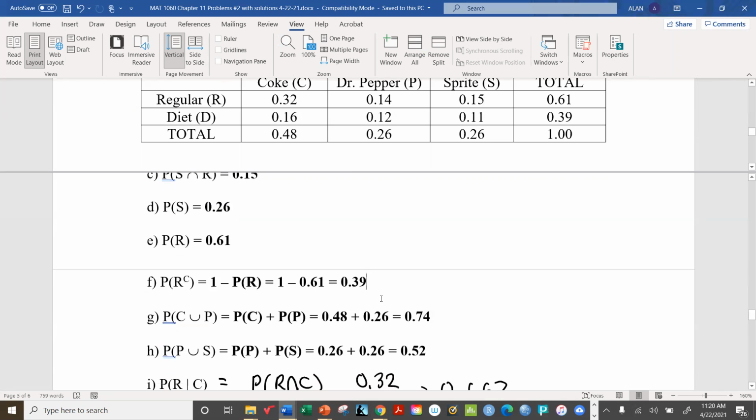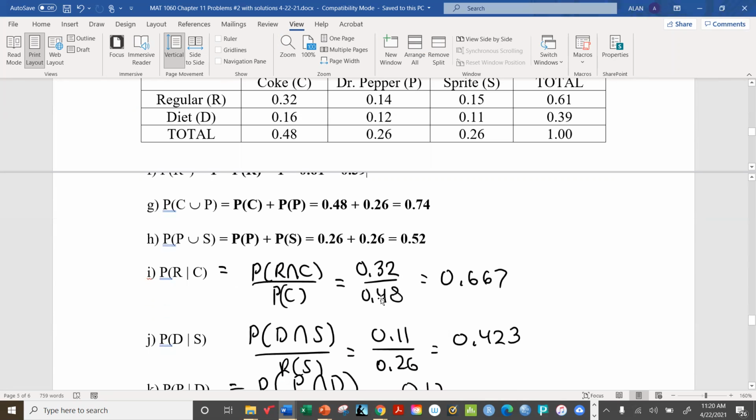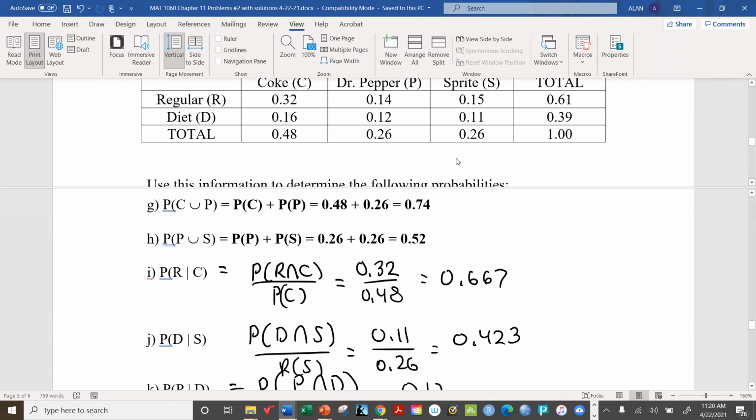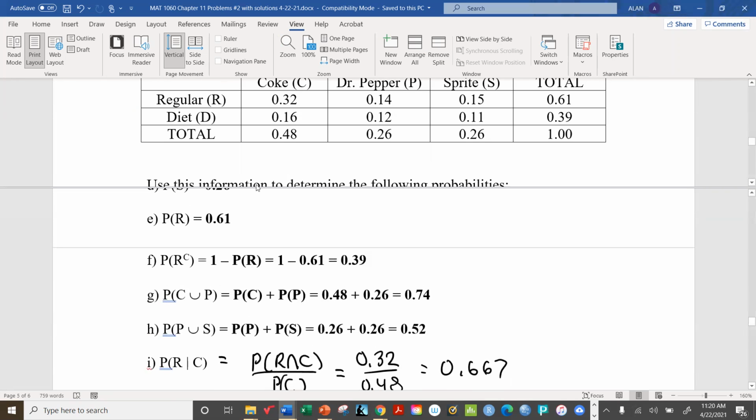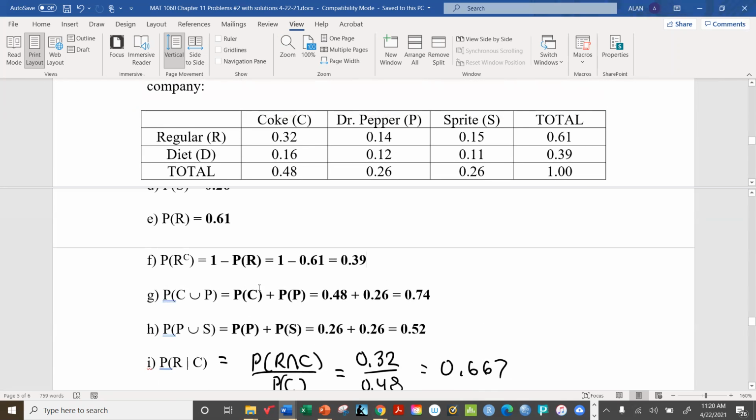All right, then C or P, these are the ones where we're taking advantage of the simplified addition rule. So C or P means Coke or Dr. Pepper. And because they're mutually exclusive, we can simply add up 0.48 with 0.26 to come up with our solution of 0.74.